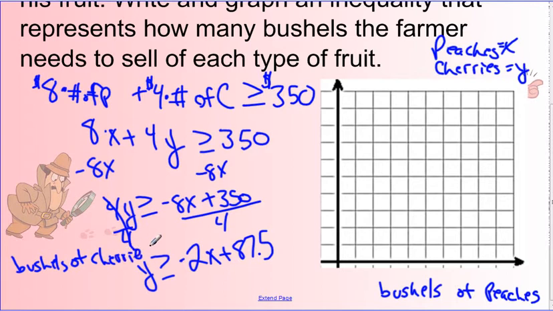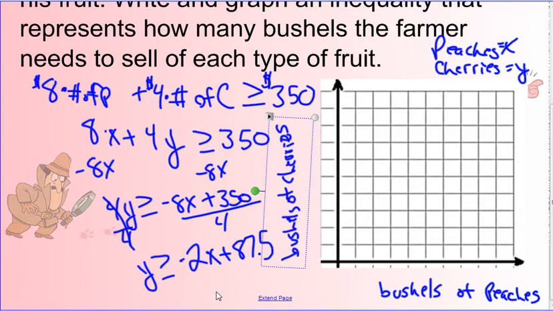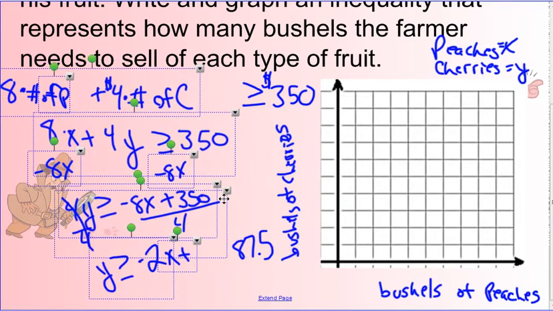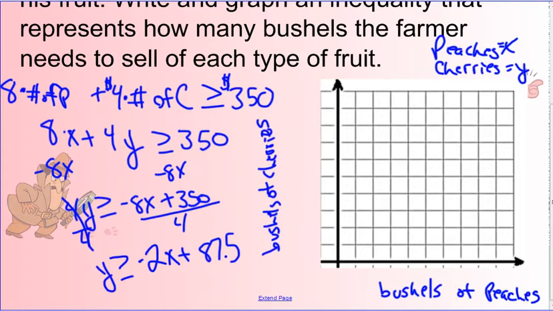You're thinking, why is he writing it way over there? Well, I'm going to cheat it. There.